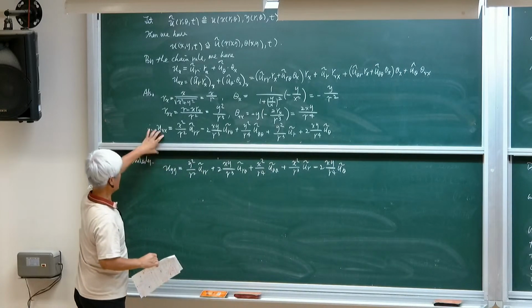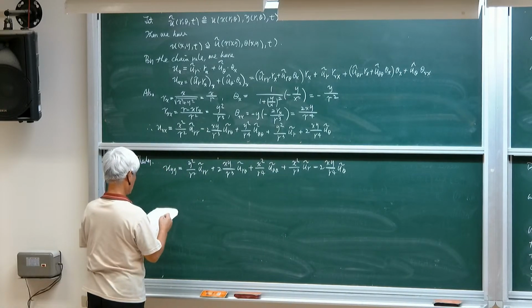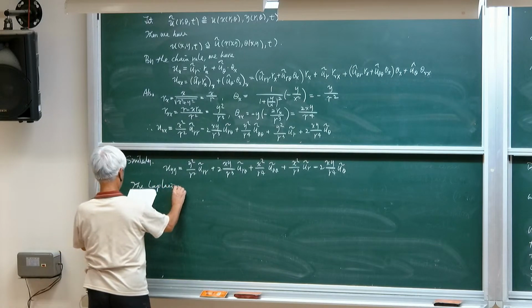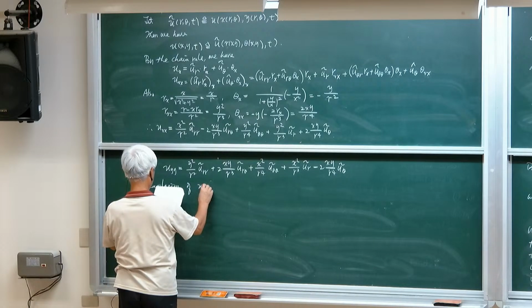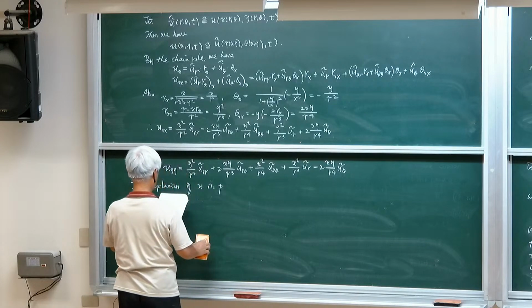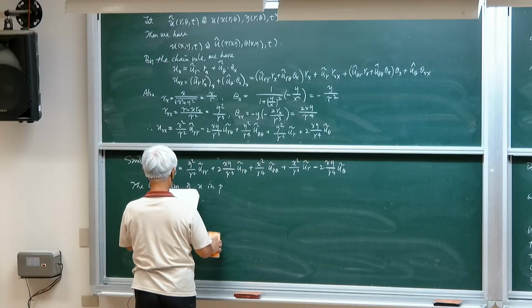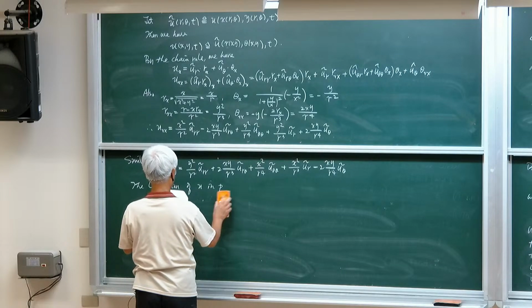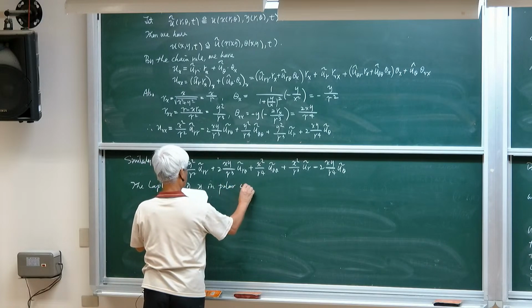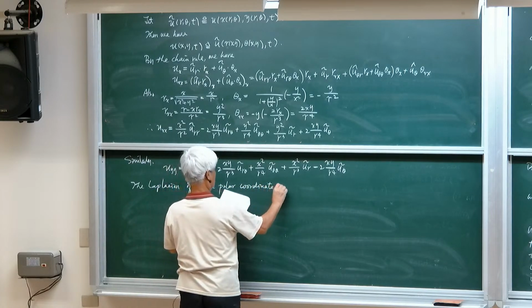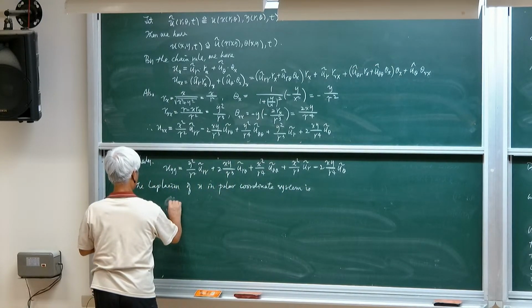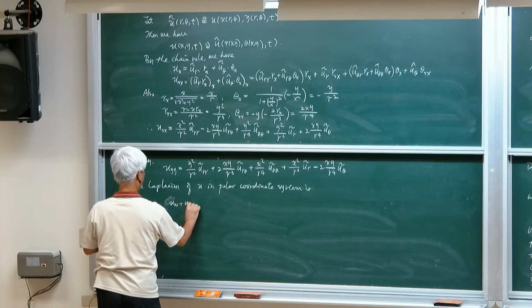Now when you add them together, right? So the Laplacian of u in the polar coordinate system is here, so u xx plus u yy.